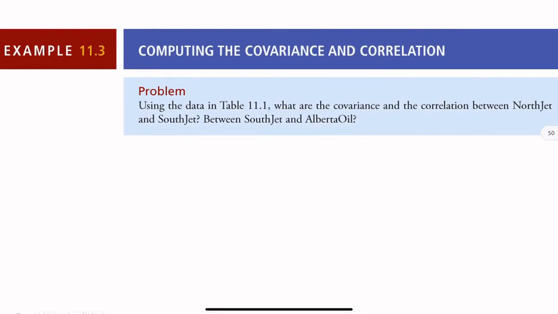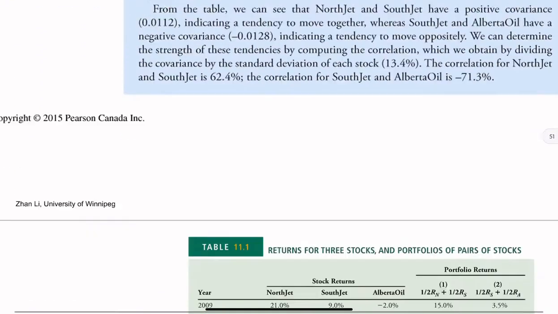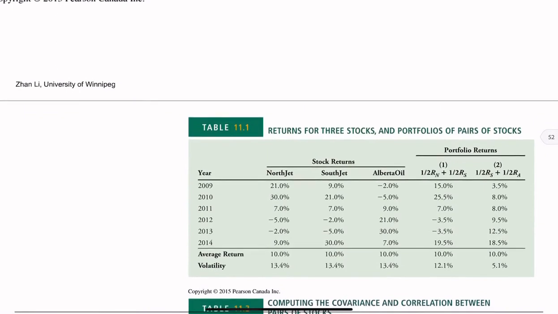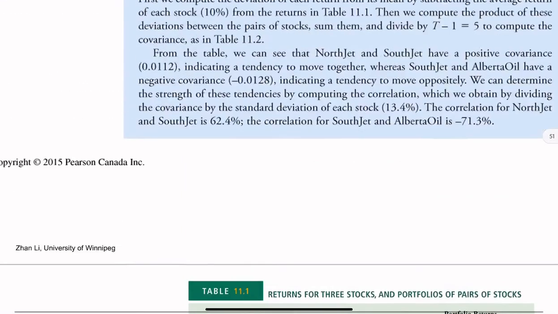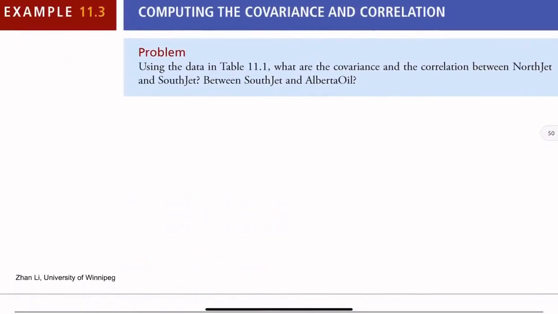Okay, now let's do this calculation here. It says using the data from the table, table 11.1, what are the covariance and the correlation between North Jet and South Jet, and between South Jet and Alberta oil?